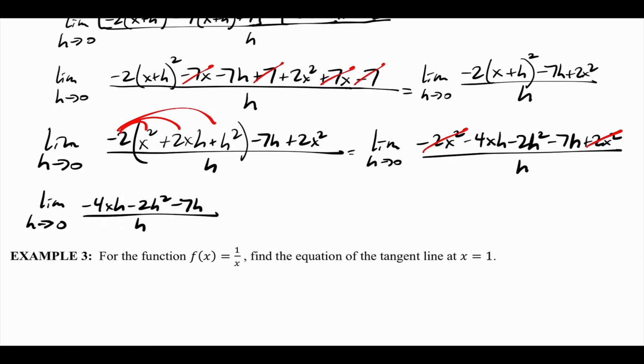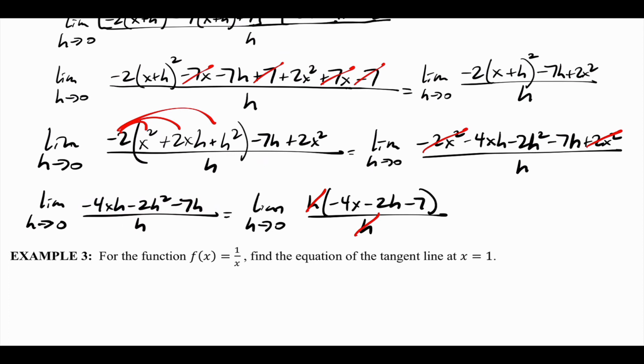Let's factor out an h. So the limit as h approaches 0, I'm going to factor out an h on top. That leaves 4x minus 2h minus 7 over h. Factor out the h, cancel it out.